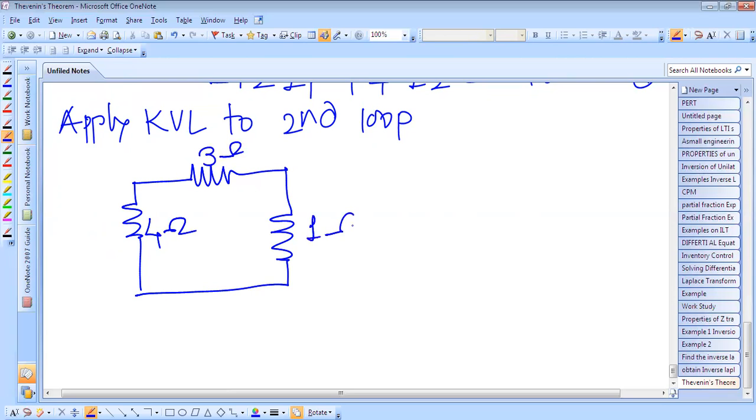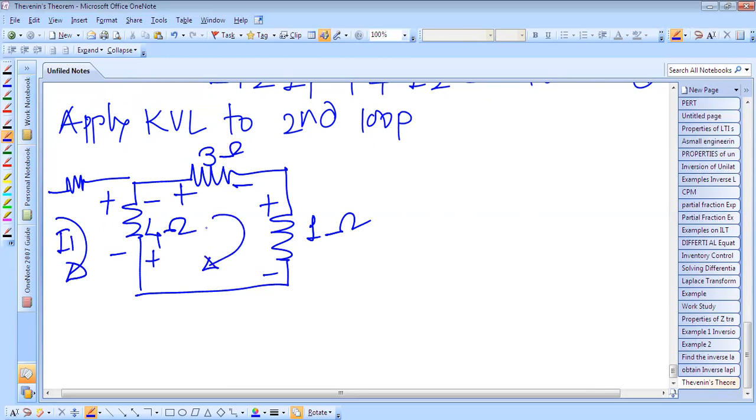This is 1 ohm. Here one loop was there, and because of that current I1 is flowing like this. This is I2. Okay, so we are applying KVL to this second loop. So we'll start from this.